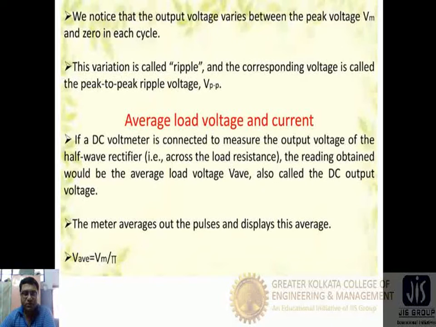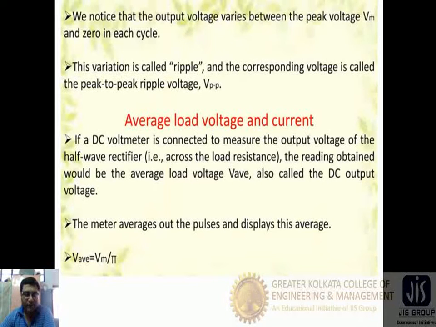The average load voltage and current. If a DC voltmeter is connected to measure the output voltage of the half wave rectifier, that is across the load resistance, the reading obtained would be the average load voltage, V average. It is also called the DC output voltage.